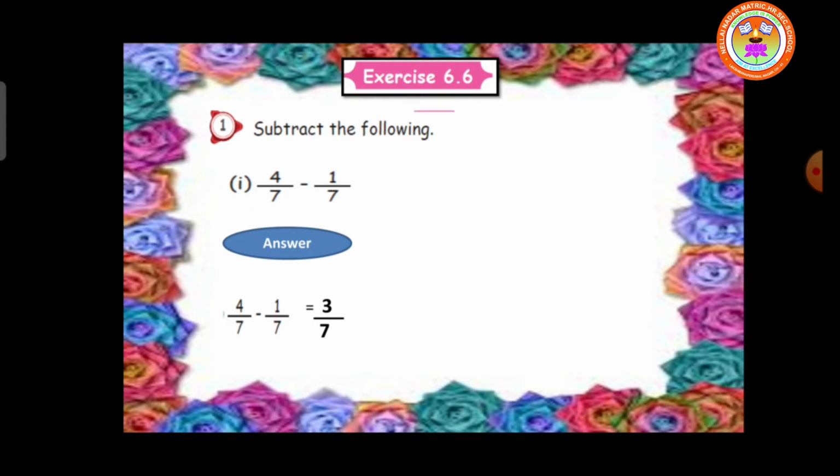So the answer is 3 by 7. Next, 5 by 9 minus 1 by 9. Answer. Take 9 as a common denominator. 5 minus 1 is equal to 4. So the answer is 4 by 9.